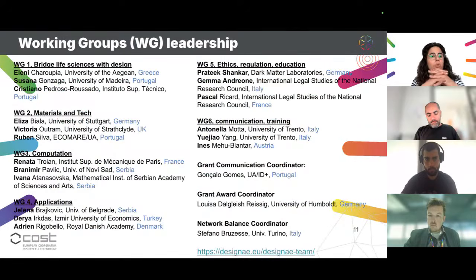So each of these work groups has a triangular leadership. As we were designing this leadership structure, we tried to have people from different disciplines as well as different countries represented in the leadership of each of those working groups.